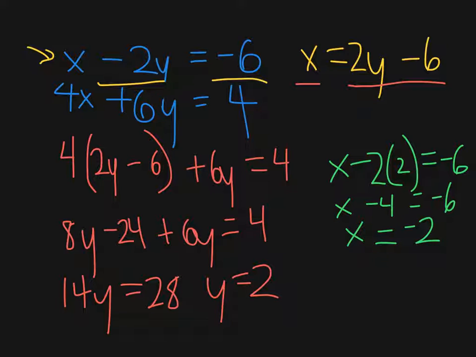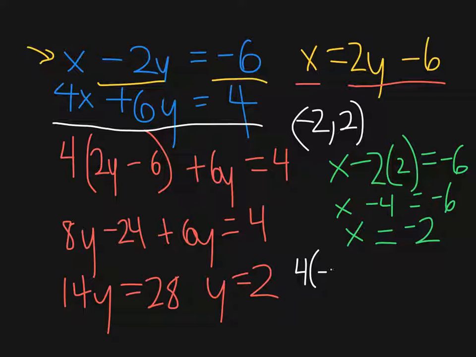So what I'm thinking my answer is going to be is x equals negative 2, y equals 2. I'm now going to plug that into the second equation here and see if that works. So 4 times negative 2, so that's what x's value is, plus 6 times 2, is that equal to 4?